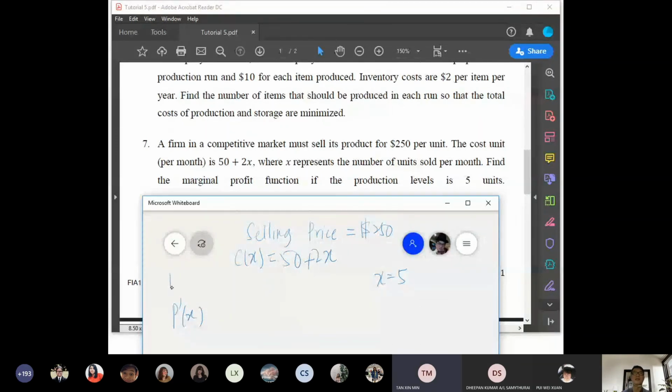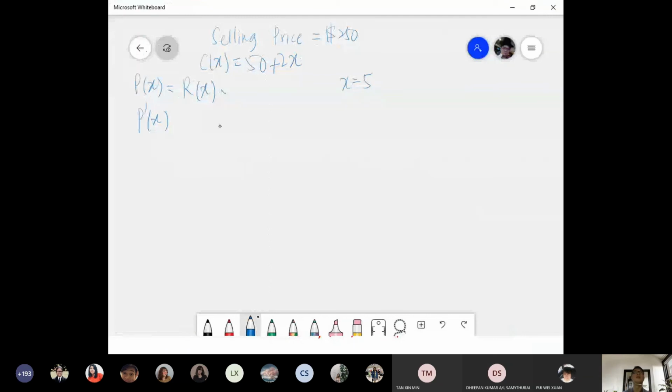Okay, very good. To find the profit function, we need the revenue function minus the cost function.